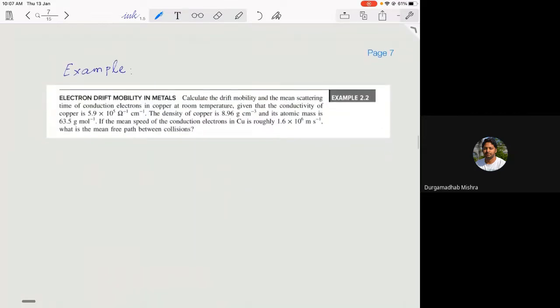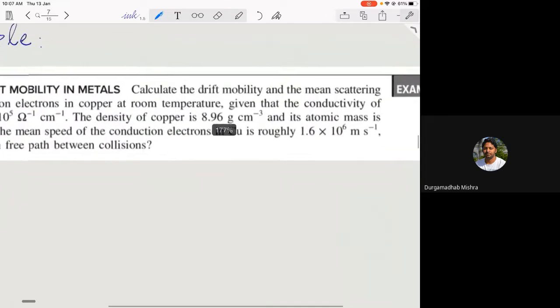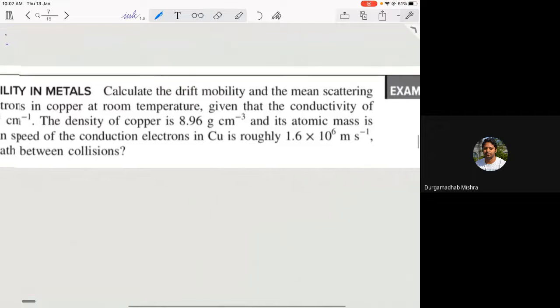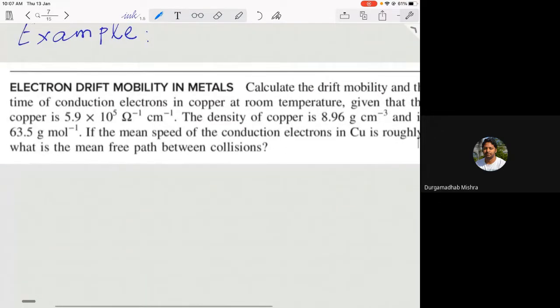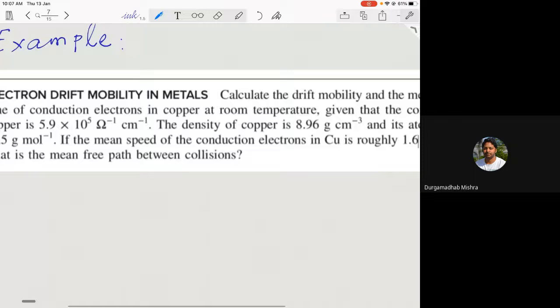Whatever I'm covering right now is from the book by Kasap, which I shared earlier in the first class. This is an example we will do. The problem is to calculate the drift mobility and the mean scattering time of conduction electrons in copper at room temperature.